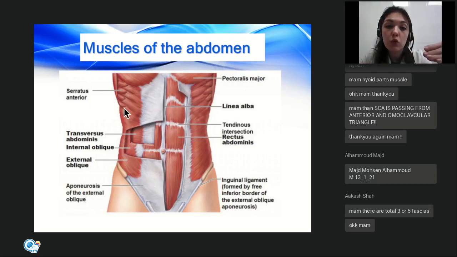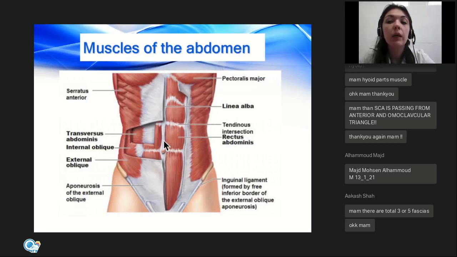first of all, they continue to a broad aponeurosis. So aponeurosis, it is a wide, broad tendon. And then all 3 aponeuroses, they meet in the very middle, and they form linea alba, or white line.